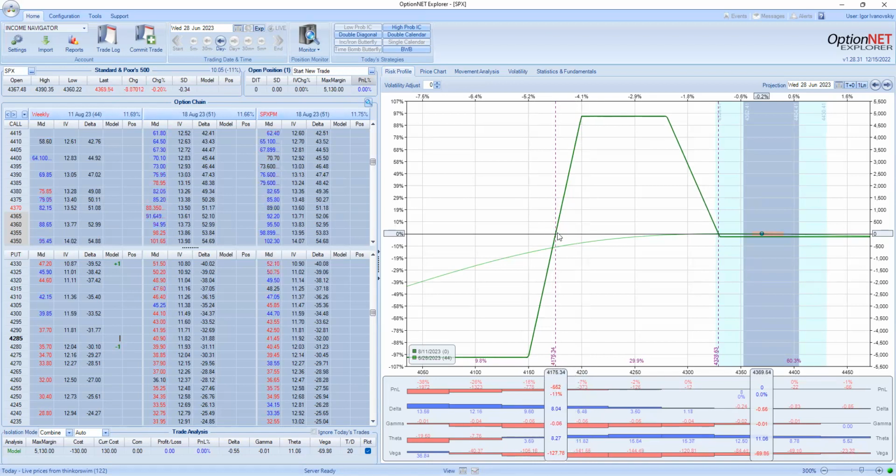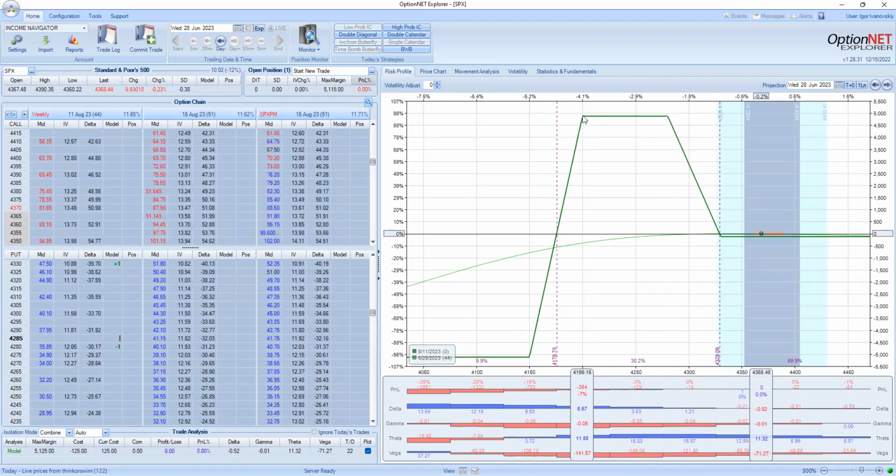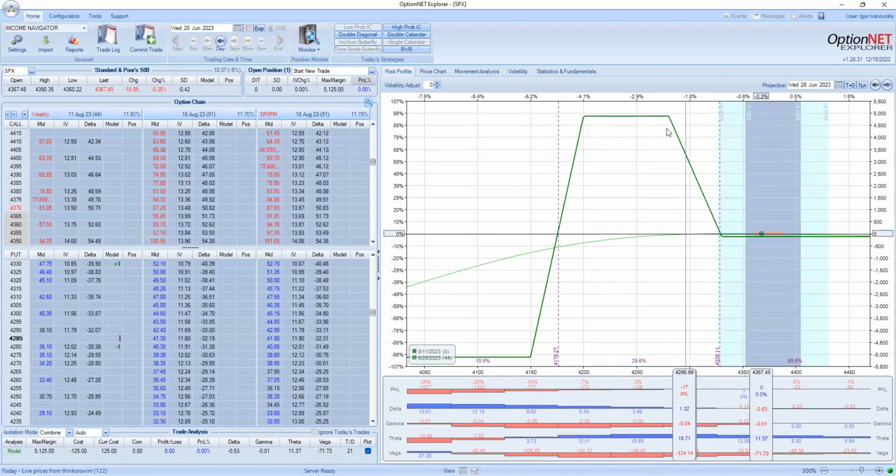If we're somewhere here between 41.75 and 4,200, we would have to take, right? So this debit spread is worth 5,000, and we would have to count and figure out how much is our 4,200 put in the money by, and subtract the difference between two, right? We'll have a loss on this side here, but we'll have a profit on this side here. We have to figure out the difference minus the debit, and that's what our P&L is. But nonetheless, the trade is going to be profitable inside the trap.